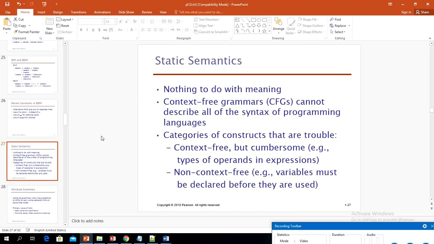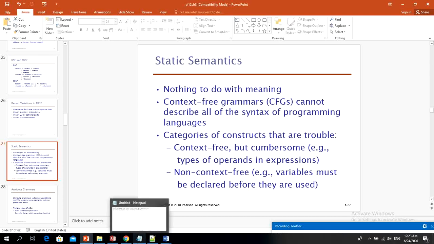Some languages cannot allow the use of any variables if you don't declare them. Some programming languages don't allow declaration of variables in the middle of the program. They have to be declared at the head of the program, and so forth.